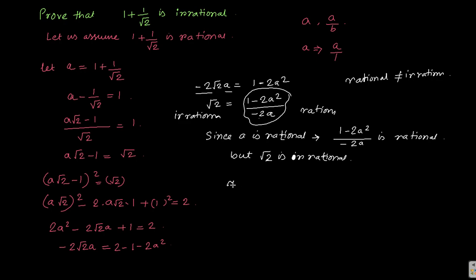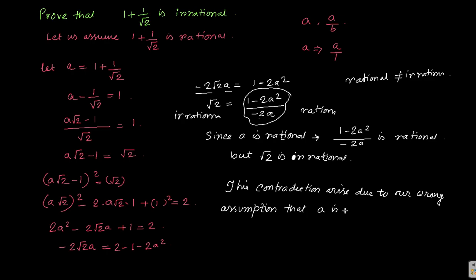So this contradiction arises due to our wrong assumption that a is rational, that is, 1 plus 1 by root 2 is rational.